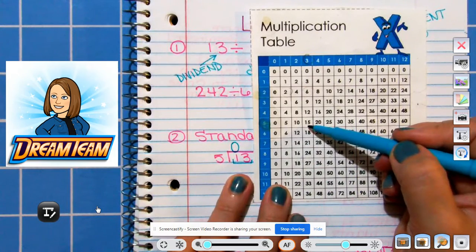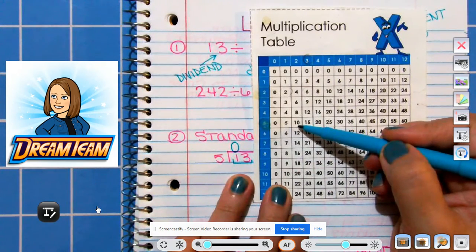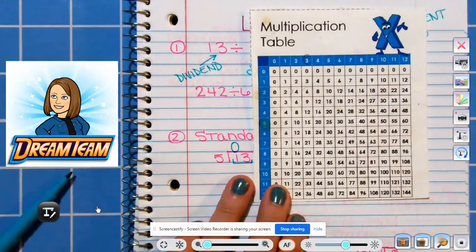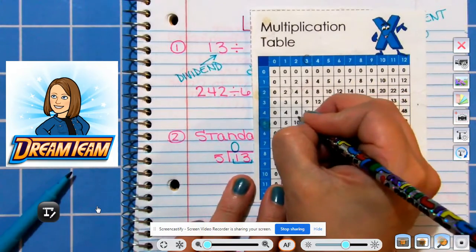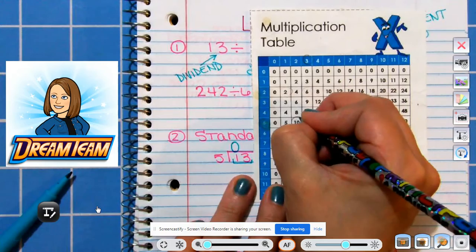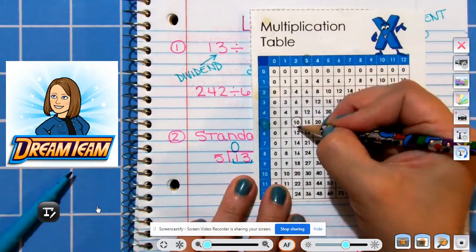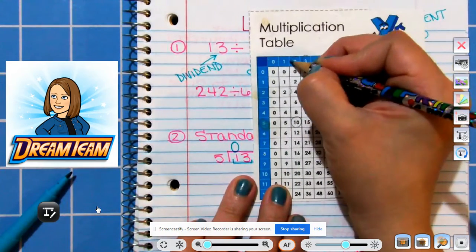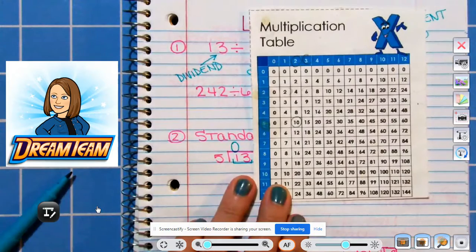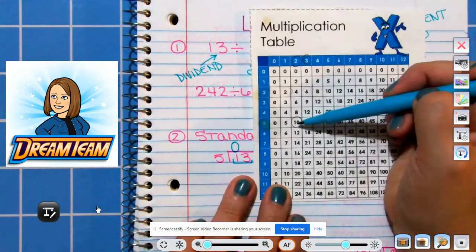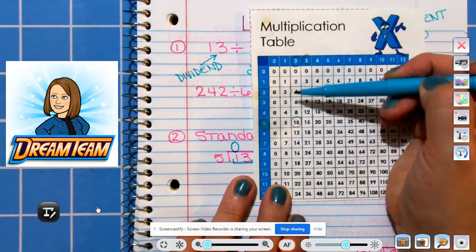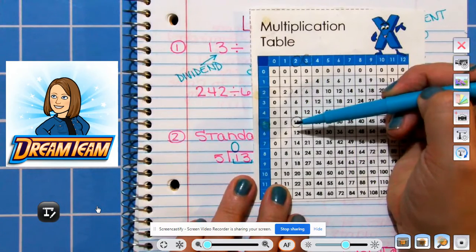So when that happens, you have to go back. And we're going to use the multiple 10. This is where I had you guys circle. And then I wanted you to come up and circle your number that goes in your quotient. And it should be in the same column as the multiple that you circled.